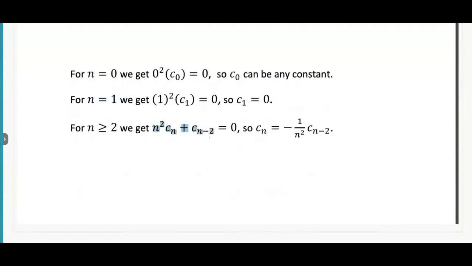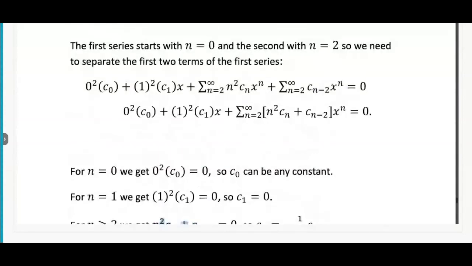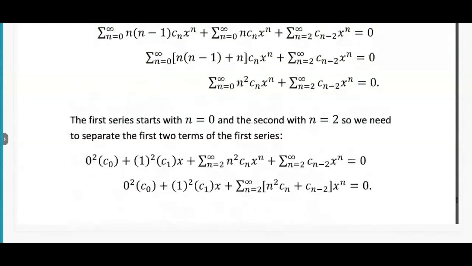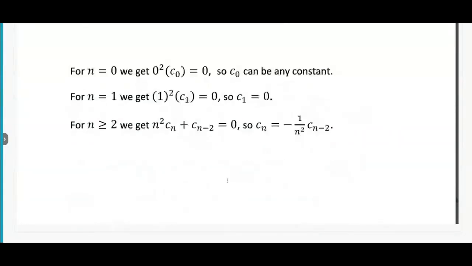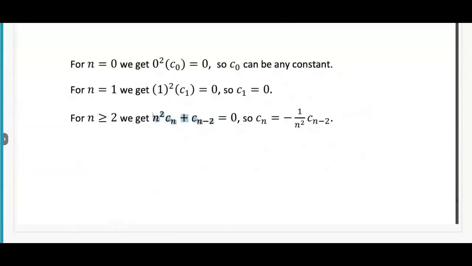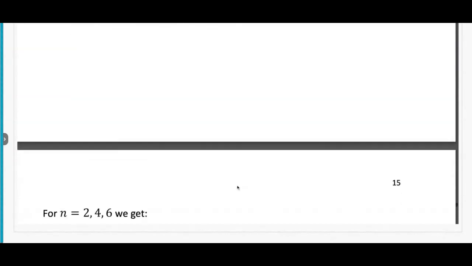N equals 2, we just get those two coefficients. The n squared Cn minus 2. And this equals 0, we have this relation between Cn's term and the n minus 2's term with this scalar relationship, negative 1 over n squared.